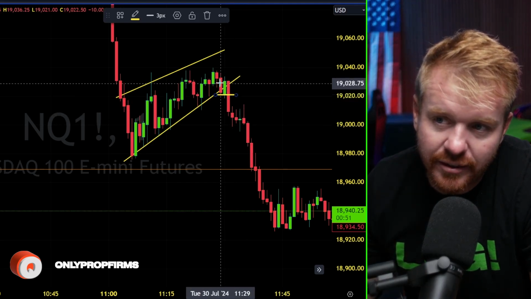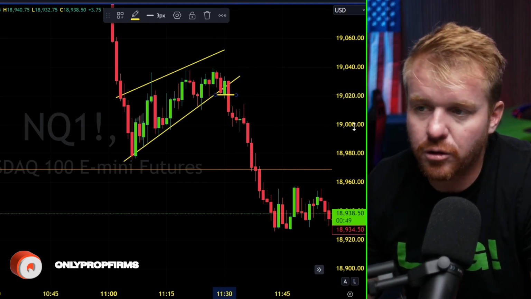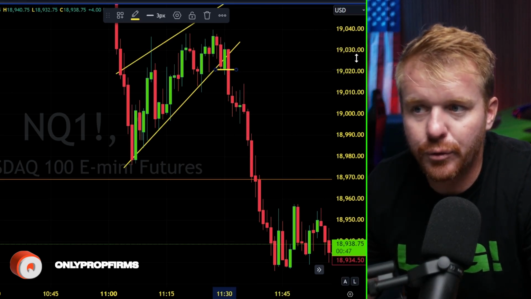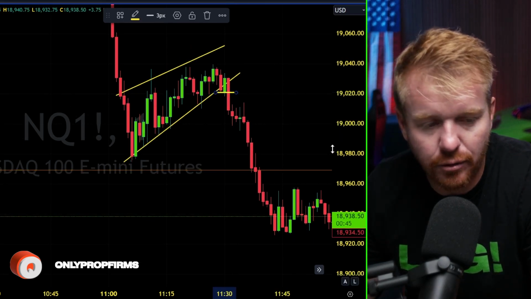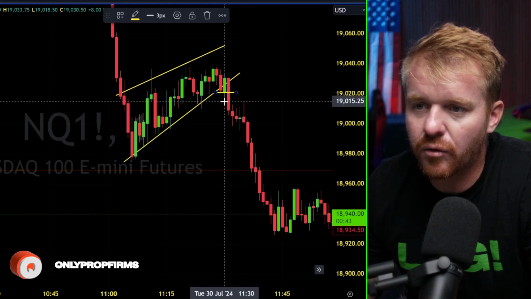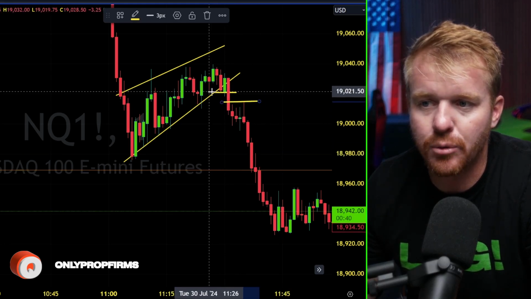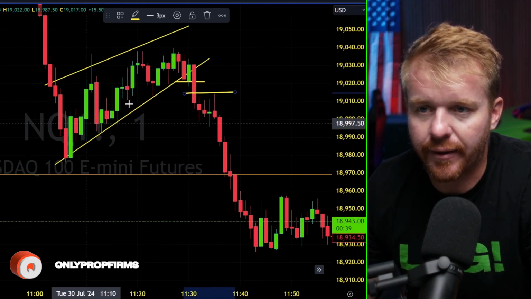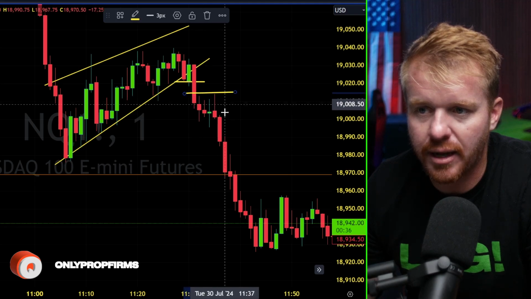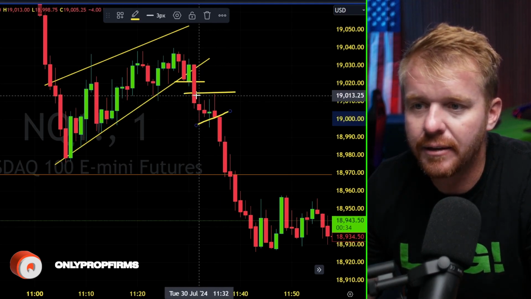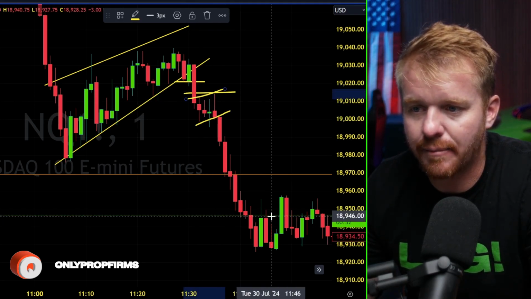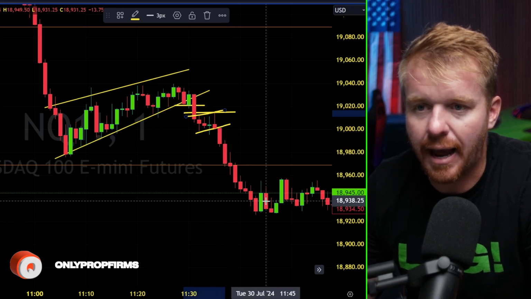So you could take the break of that first trend line, into this candle, or you could wait for a confirmation of that move down, which would have been the flag, the break, and then another little mini flag here, that breaks and then moves down.